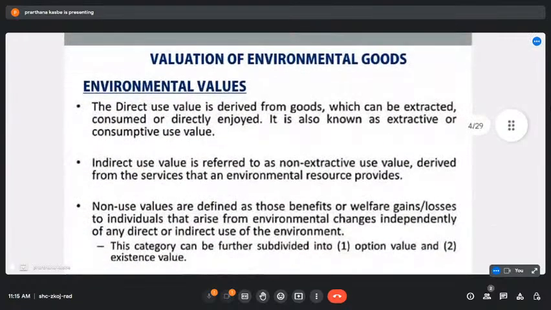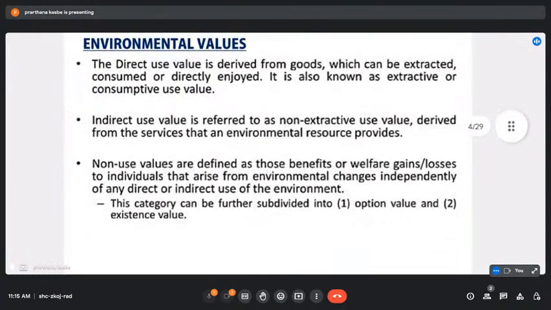So, when we discuss the environmental values, the direct use value is derived from goods which can be extracted, consumed, or directly enjoyed. Direct use value याला म्हणतो की जे गुड्स आहेत ज्याच्यापासून मिळणारे जे काही कन्झम्पशन आहे ते आपल्याला डायरेक्टली एन्जॉय करता येतं.